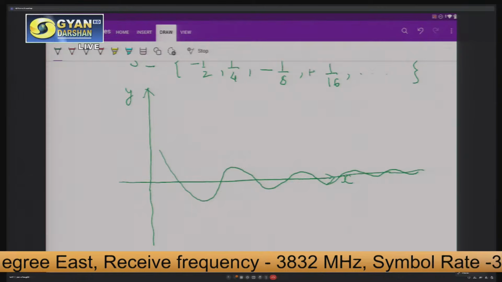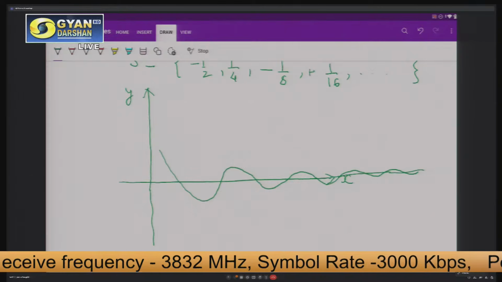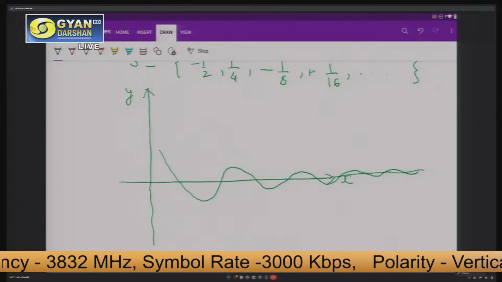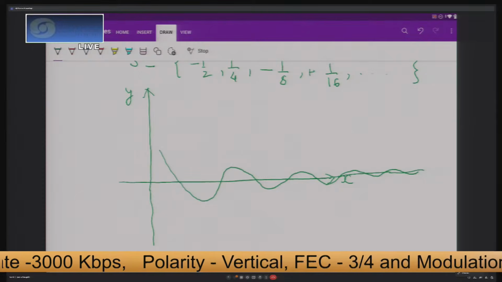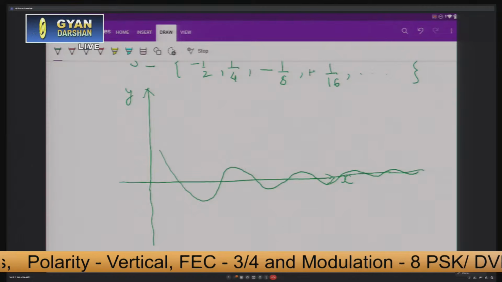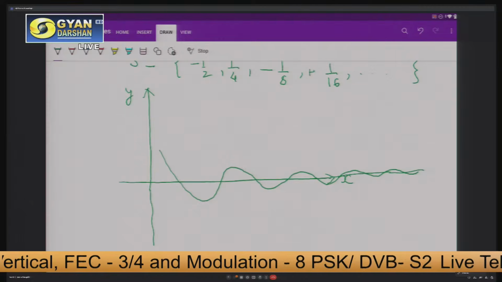So at least it is leading to some particular value around which it is fluctuating.